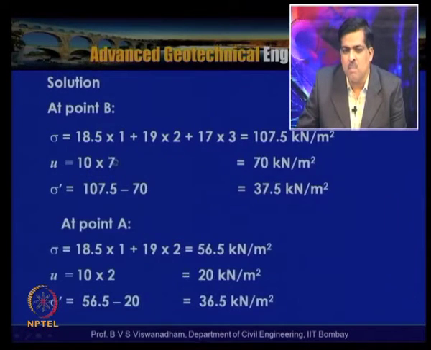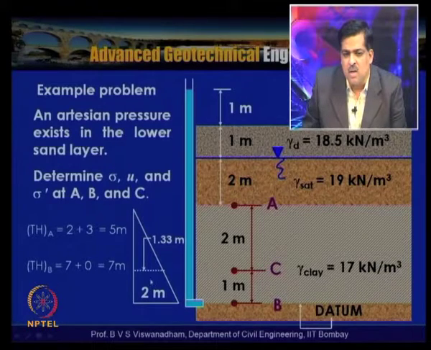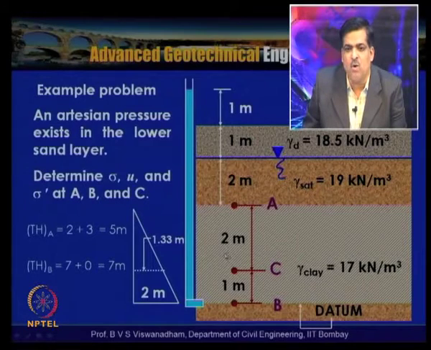So here, based on the discussion, the head drop which is available is 2 meters, and this is the length, so the hydraulic gradient here is nothing but 2 by 3, 0.67, the slope of this line. So at 50% of the clay thickness, that is 1.5 meters, we will have a head drop of only 1 meter.